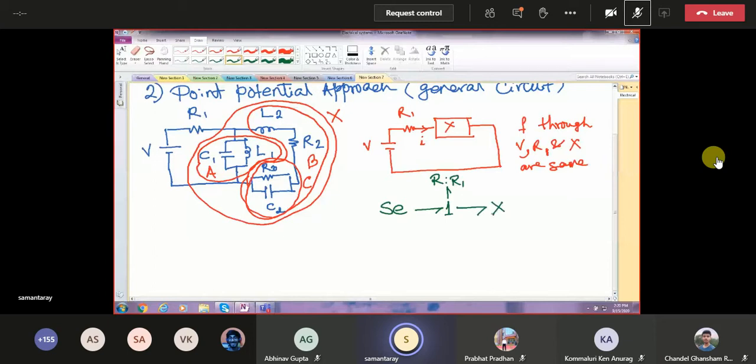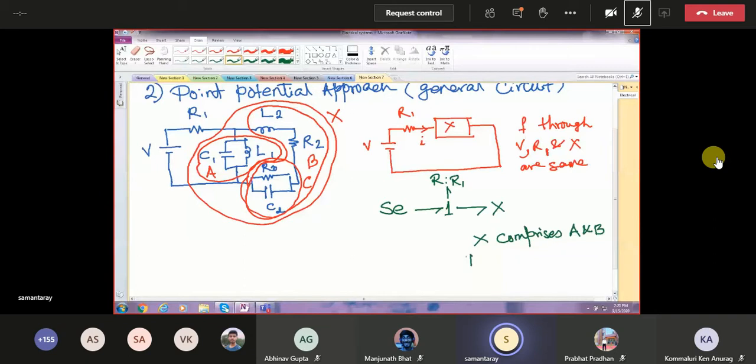Now we will break this X further into A and B. What is there in X? X comprises A and B. The potential difference is the same. We will not say parallel and series.